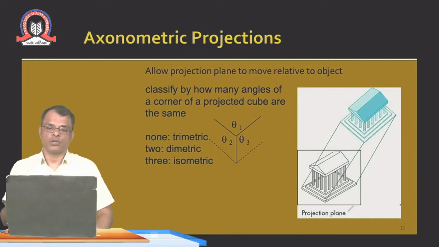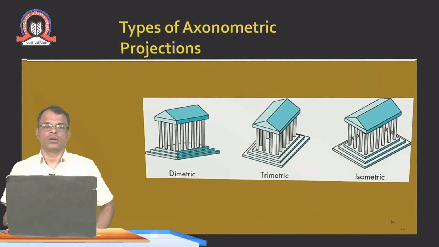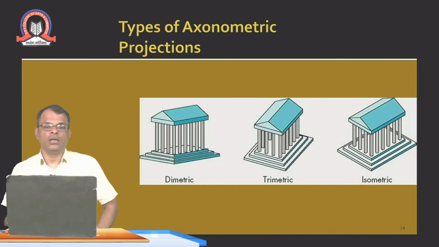So the projection will be like this. See the object, and we have to draw the same thing on paper with the help of projection lines. Here you can see the three views.